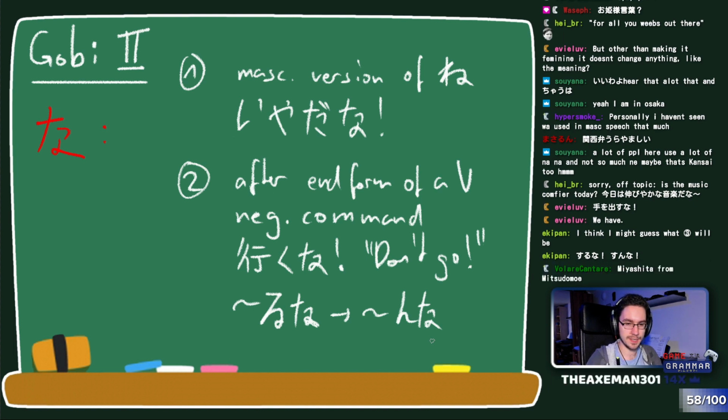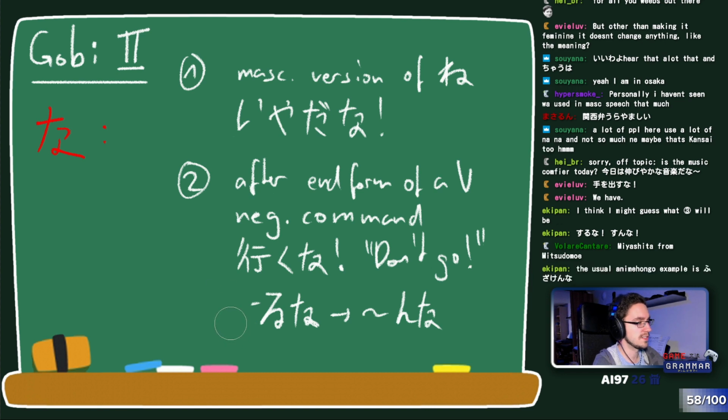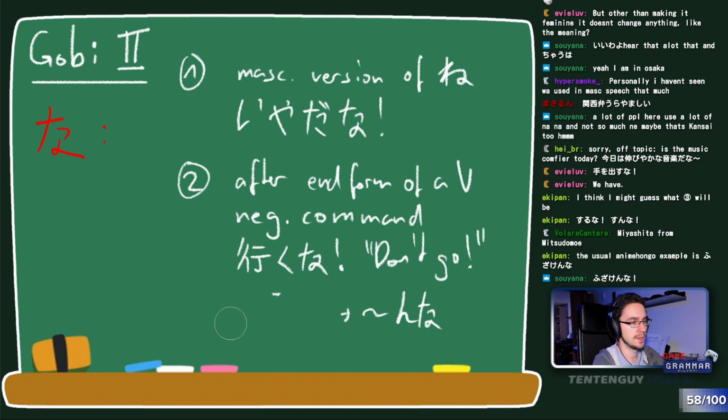Sometimes it even gets inserted in there anyways, like with 話す you might see 話すんな, something like that. But that's just a side note. These are just common and, yeah, ふざけんな, exactly. ふざけんな is like a very, very, very common example. True. ふざけんな, exactly. So that would be the negative imperative use, okay?